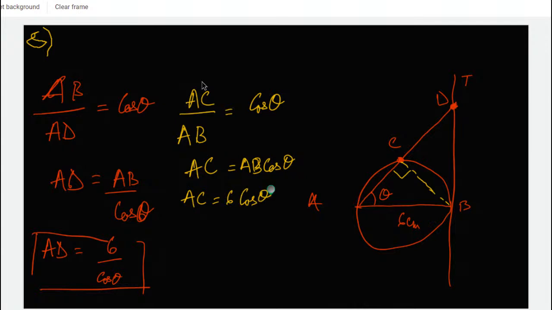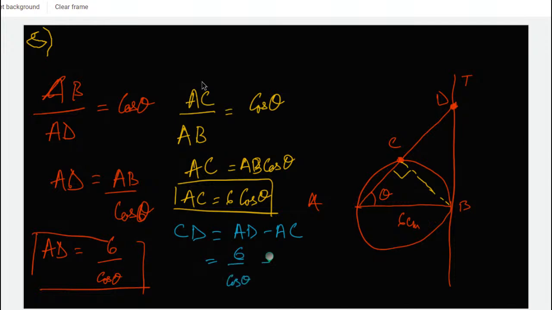Can't you just do AB by AD is equal to AC by AB, then replace the values with 6? Actually, no, you can't. So AC is equal to 6 cos theta. So now I know that CD is equal to AD minus 6 cos theta.